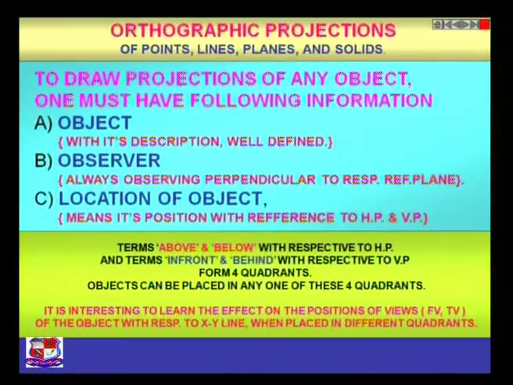Now what we will see next is the observer. When we talk about any sort of observer, which means a viewer, it depends upon the viewer from which side he is seeing. Let's say if we are talking about a point, if I am seeing it from this side, then I can consider it a point.